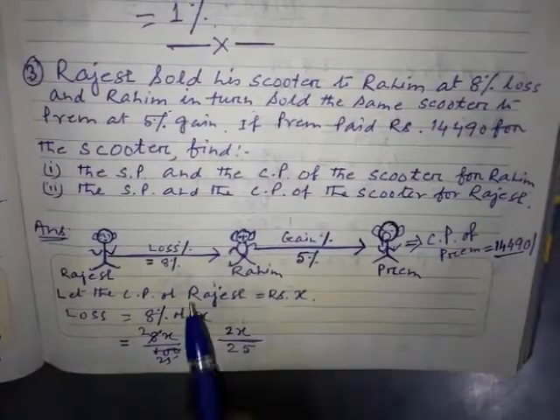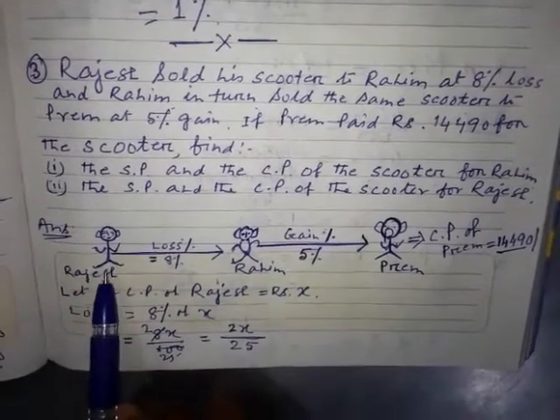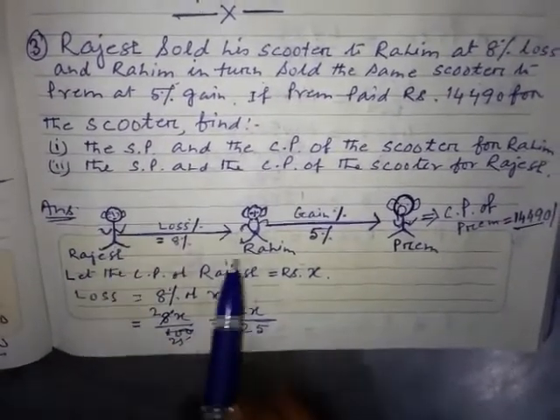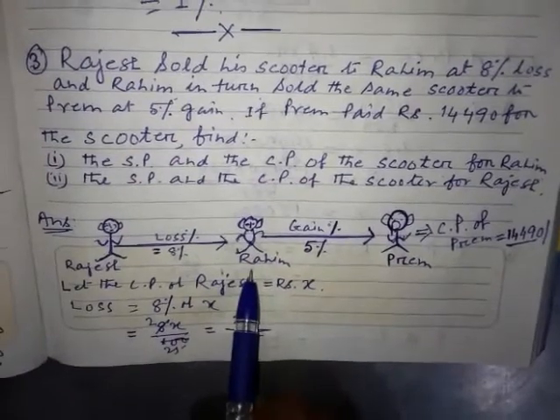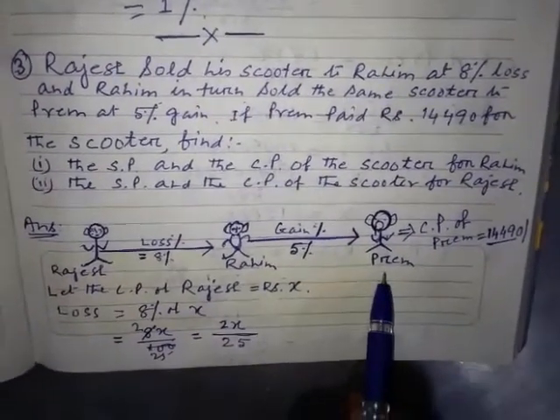So here you can see there are three cases. First case is Rajesh. Rajesh gave it to whom? Rohim, and Rohim gave it to whom? Prem.